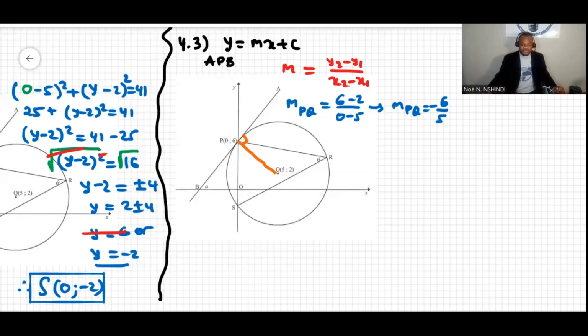Now, we say that the two lines here are perpendicular. So I'll say that PQ is perpendicular to APB. The reason is that the radius and tangent line are perpendicular.